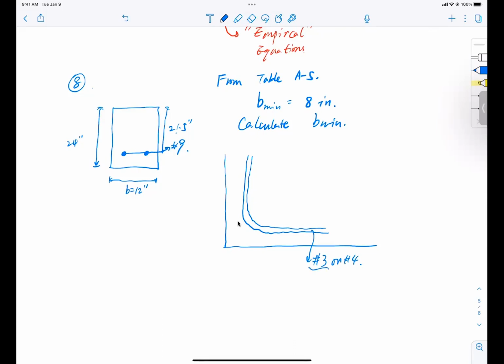First thing first, I need to find the distance between the edge of the concrete to the stirrups and to the gap and to the center of the edge of the bars. Do you have to go through so much work? Yes, we have to. That's our job. So how much concrete cover do we need to have? Anyone?